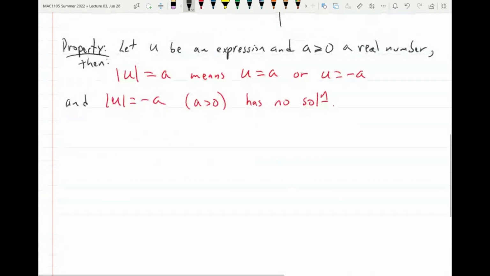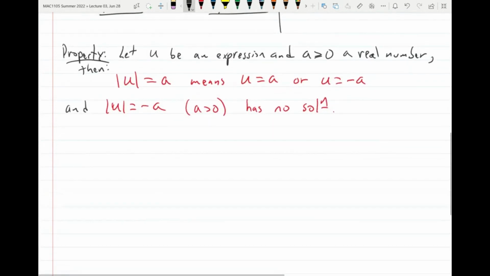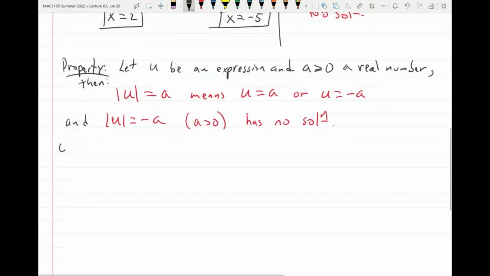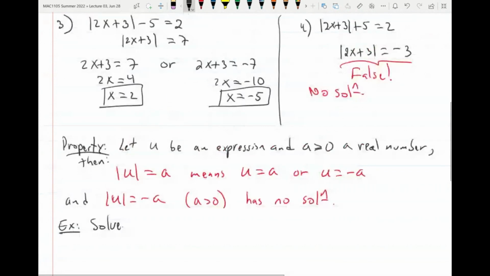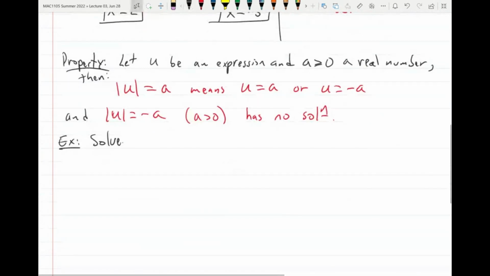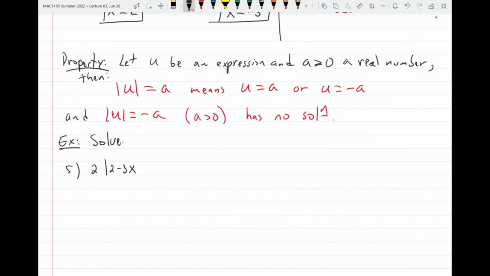All right, so let me give you some more examples for you to try. Let's see examples. Solve. So we did 1, 2, 3, 4. So I guess number 5. Let's do 2 times the absolute value of 2 minus 3x, plus 5, equals 9.